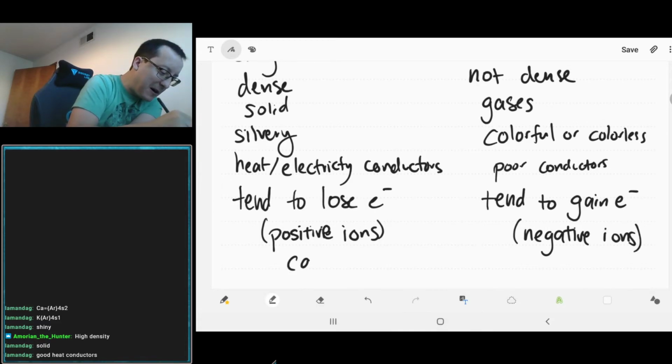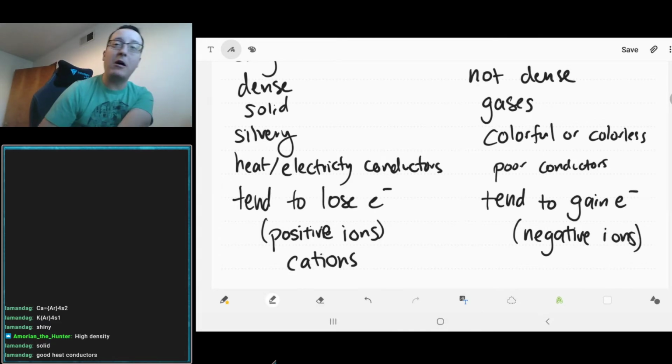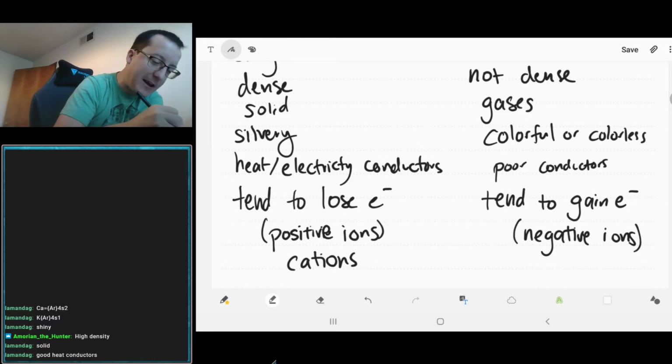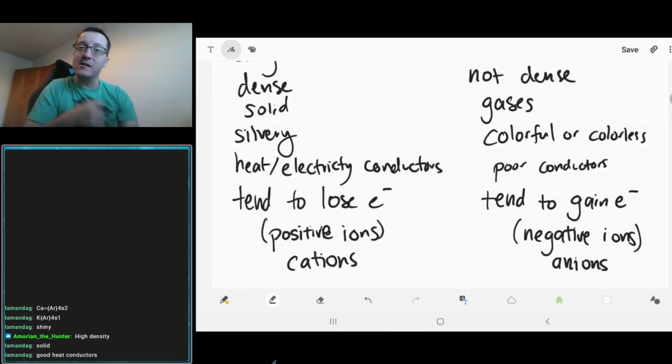Right, and we remember positive, we call those cations, and negative ones, we call those anions, right? So when metals and nonmetals come together, metals will tend to give away their electrons to the nonmetals, and we're going to end up having a positively charged metal and a negatively charged nonmetal.